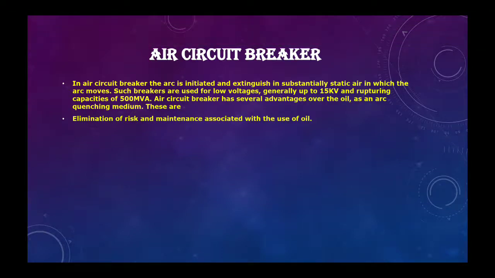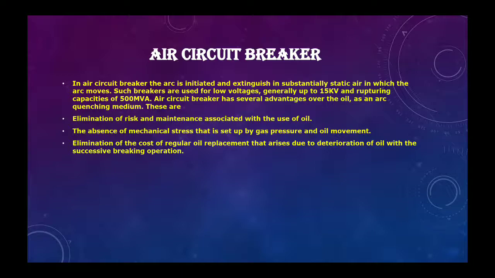Number 2, the absence of mechanical stress that is set up by gas pressure and oil movement. Number 3, the elimination of the cost of regular oil replacement that arises due to deterioration of oil with successive breaking operations.